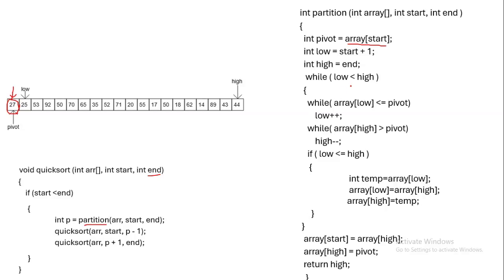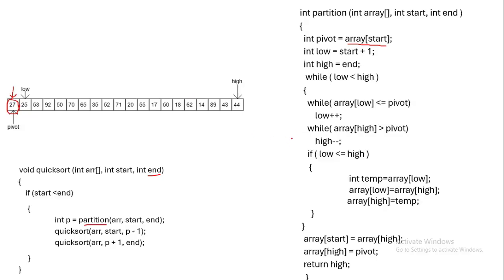So if they are there, then we go on incrementing the low pointer until we come across an element which is greater than the pivot element. Once that condition is satisfied, we go to the other side and go on decrementing the high pointer until we come across an element which is less than the pivot element.